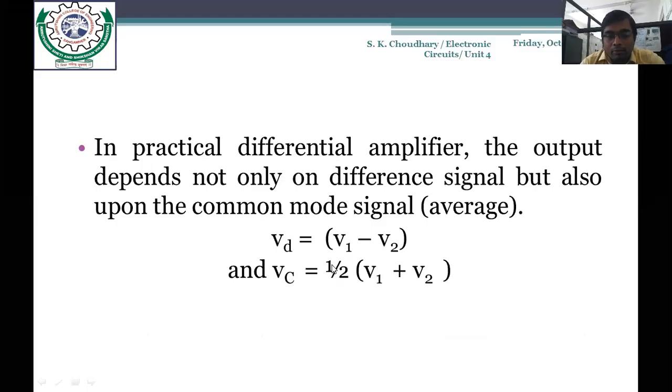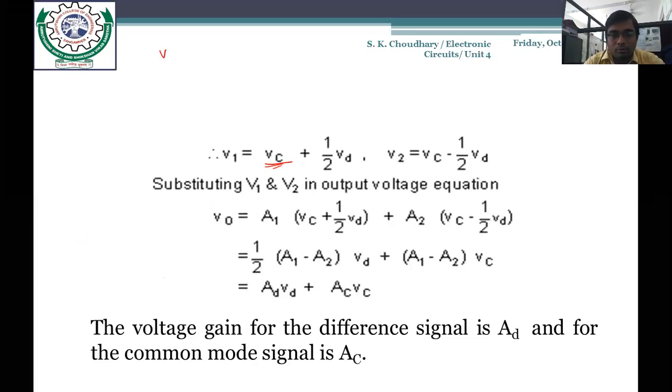When we solve these two equations, you will find the value of V1 and V2. So that is written here. Vd is V1 minus V2, Vc is equal to V1 plus V2 upon 2. So this is equation 1, this is 2.